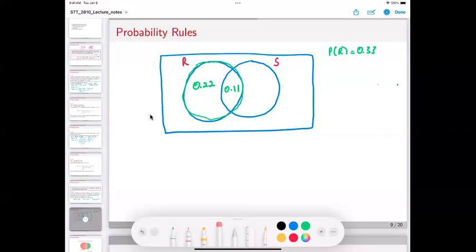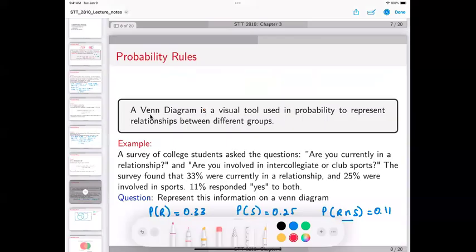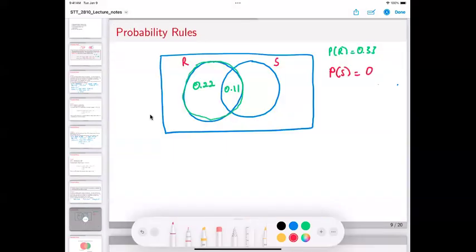Now we also know that P of S is 0.25. Is that okay? What do we need to put here?